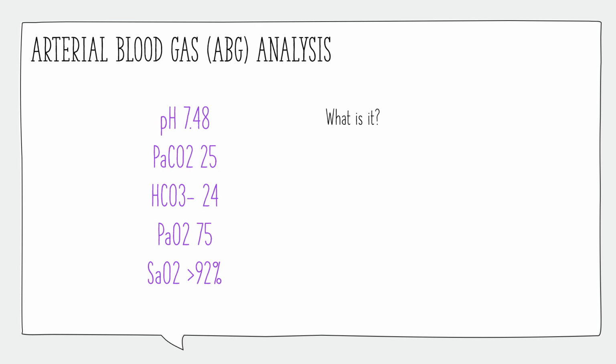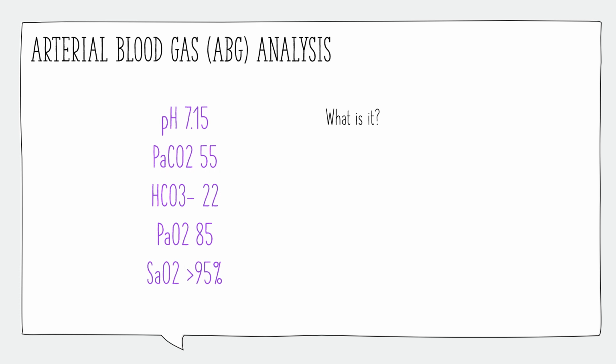So our CO2 is low and our pH is high. You're looking at respiratory alkalosis. If you wanted to look at your bicarbonate, your bicarb of 24 is normal. Now your PaO2 is low. So that's something that needs to be addressed, but you know that this is respiratory alkalosis.